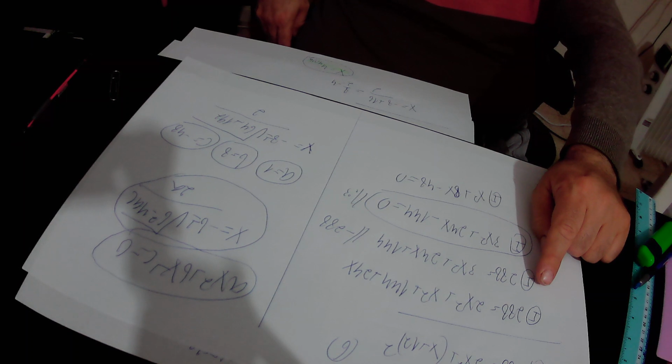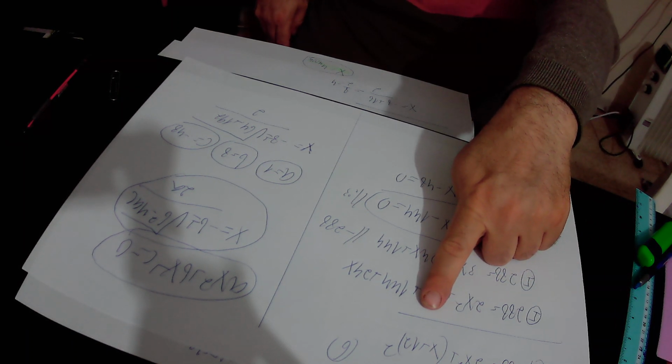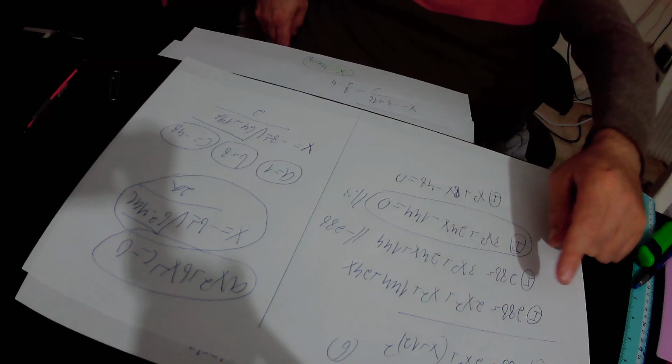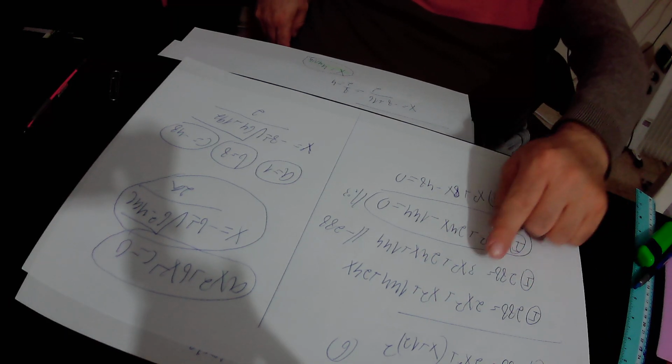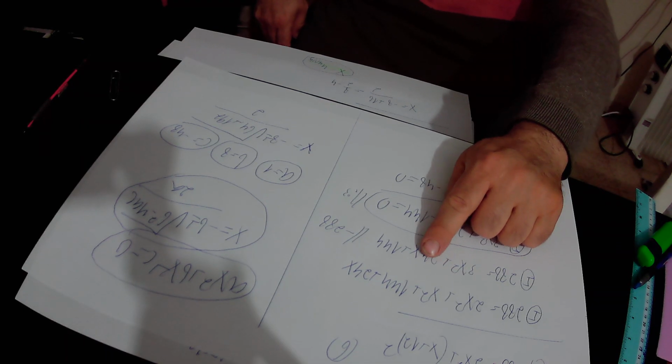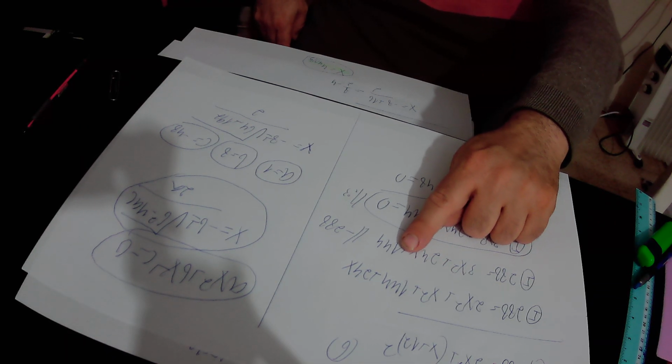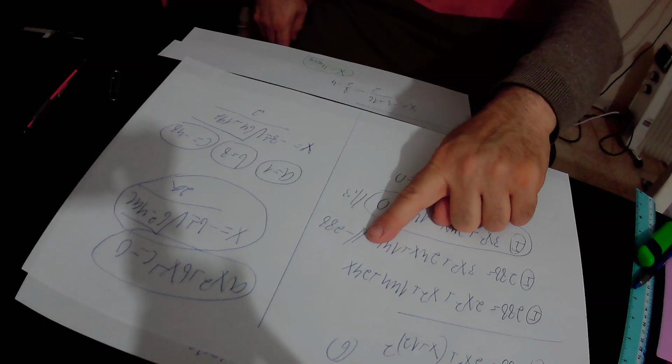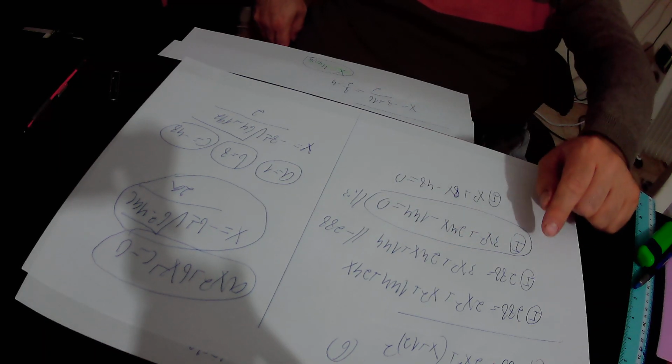So here we open the brackets on this expression, and we found out actually that 288 equals 2x squared, and x plus 12 squared equals x squared plus 12 squared, that is 144, plus 2 times x times 12, that is 24x.